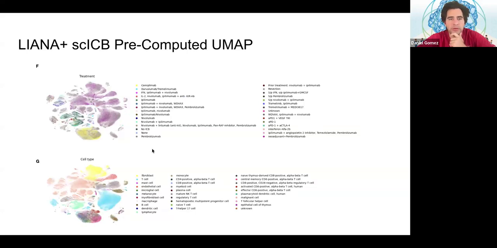Next we have the treatment. So the treatment is in purple. We can see neoadjuvant and pembrolizumab together here, as well as pembrolizumab alone. So neoadjuvant and pembro, and then pembro alone here in the top right. And then in brown we see ipilimumab and nivolumab together, and in green we have ipilimumab by itself.